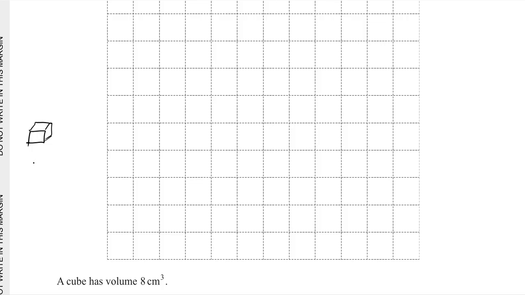So we can take V equals 8, volume equals 8 centimeter cubed. If we take the cube root of 8, we should get 2. So each side length must be 2 squares.